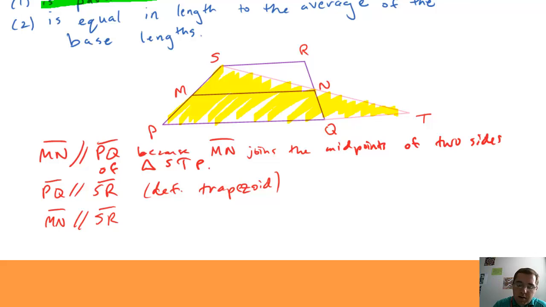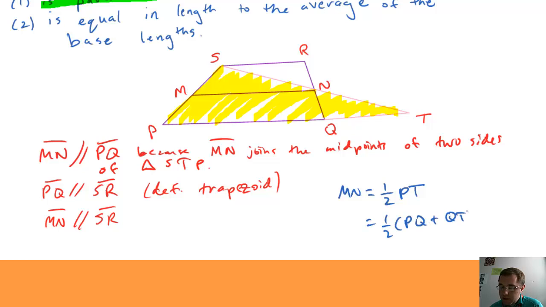So MN must be half of PT, but PT is PQ plus QT, so it's half of PQ plus QT.